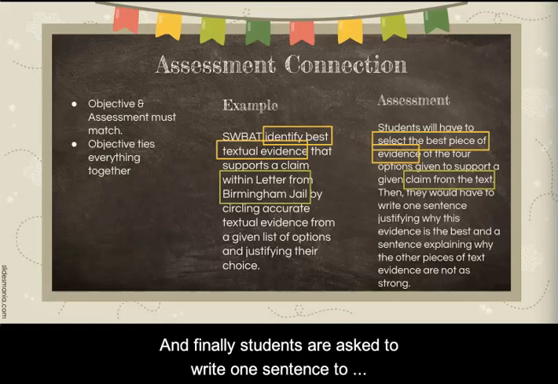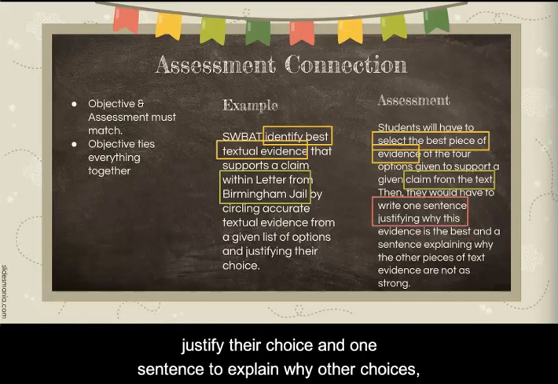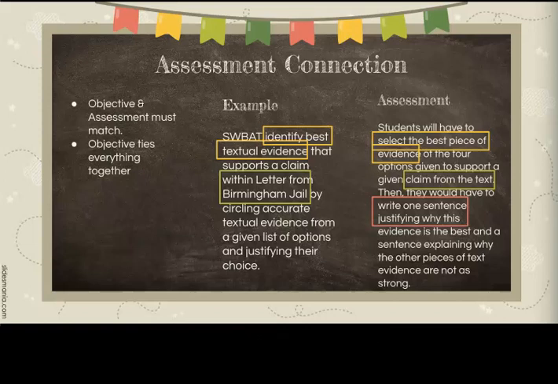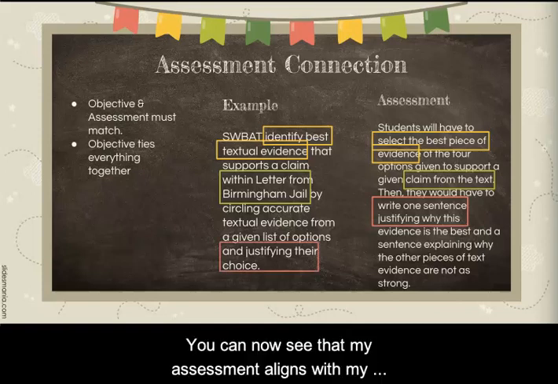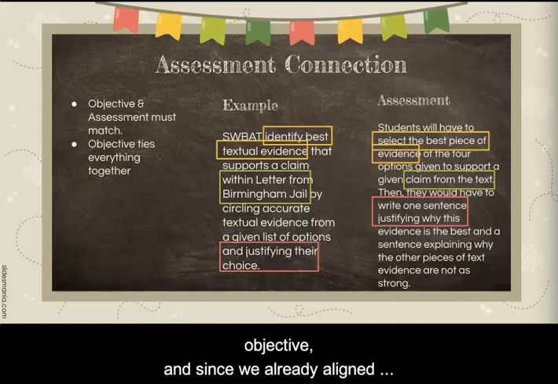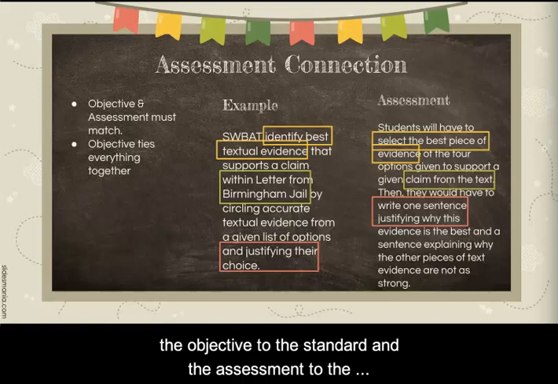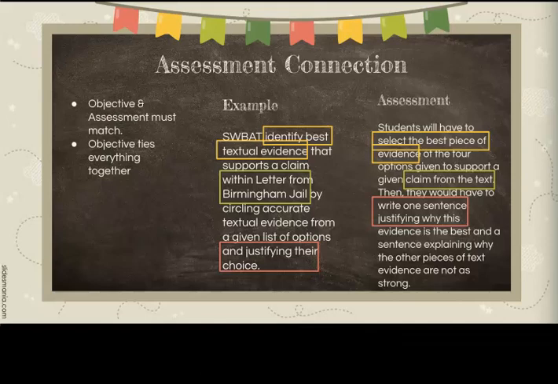And finally, students are asked to write 1 sentence to justify their choice and 1 sentence to explain why other choices are not as strong, which also matches the statement in the objective. And you can now see that my assessment aligns with my objective, and since we already aligned the objective to the standard and the assessment to the standard, we know that all 3 things are connected.